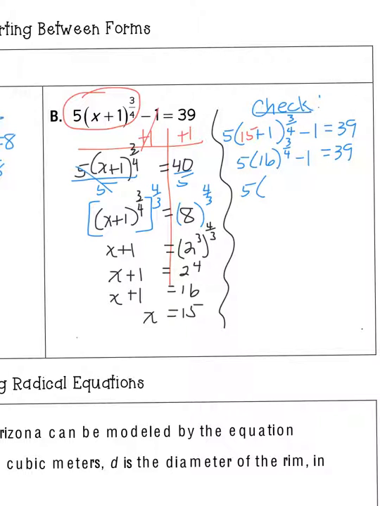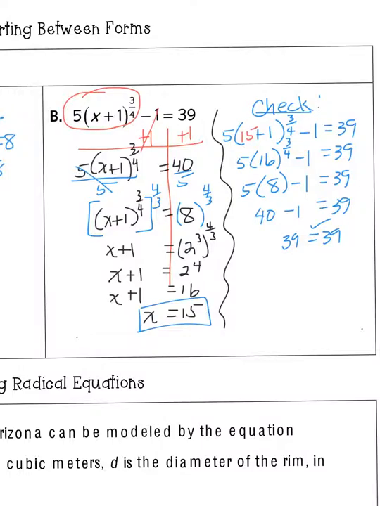Then 5 times, and remember, this is asking for the 4th root of 16. So the 4th root of 16 is 2, and then 2 to the 3rd power is 8. 5 times 8 is 40. And 39 is equal to 39. So it checks. So 15 is a good solution.